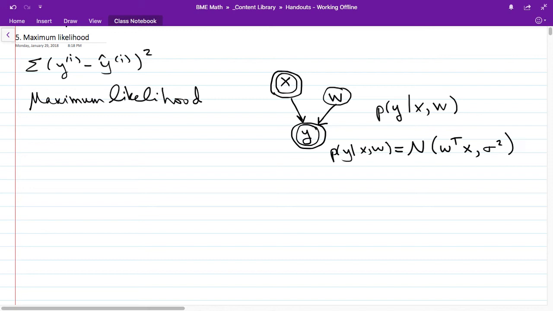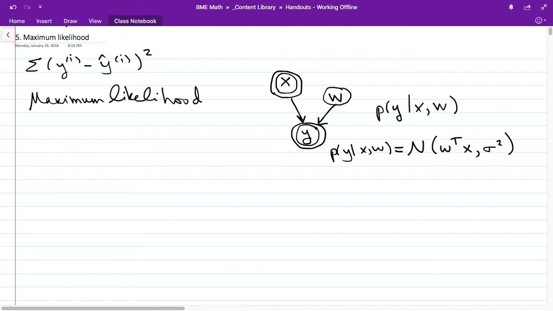So suppose this is my model. It says that when I see an x, if I multiply it by w, I'm going to get y, but it is not going to be exactly y. It's going to, on average, be y, and it's going to have some variance sigma squared.